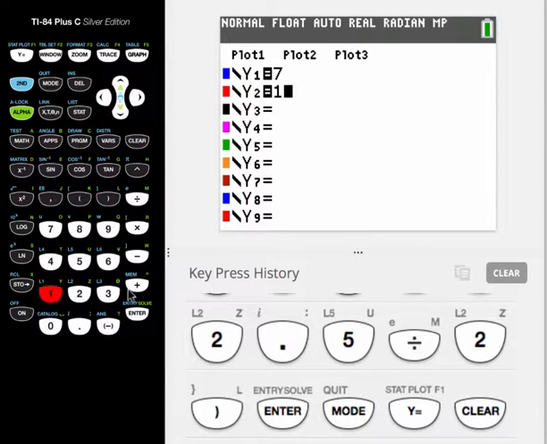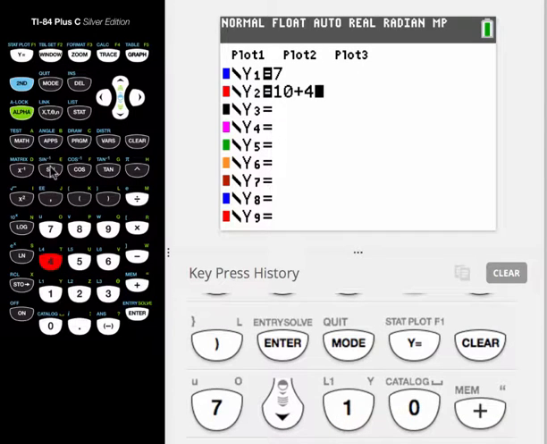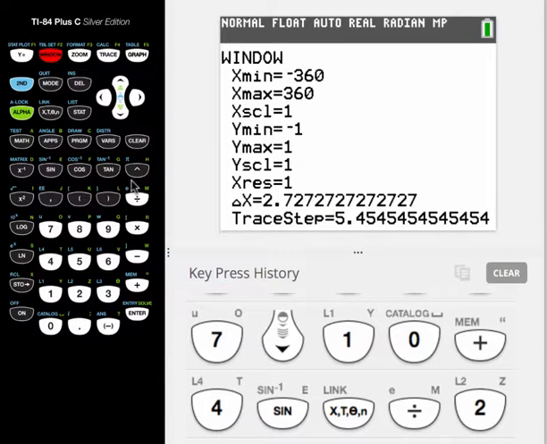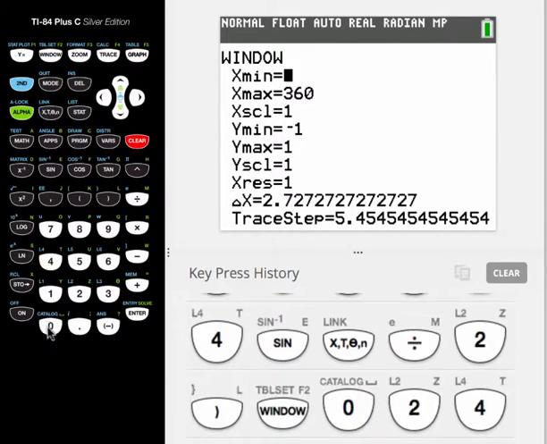That is 7. That is 10 plus 4 sine of X divided by 2. All right. So I'm around 7, right? So window. Okay. So this is 0 to 24 hours, it said.